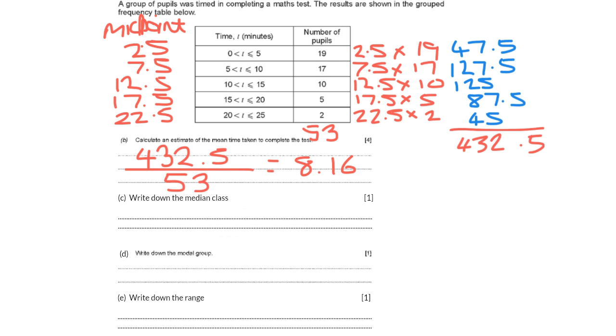Now it wants the median class. So that means which group would the median be in? Now to find the median, first of all, we have to do 53 divided by 2, which is 26.5. So now I'm going to do a running total until I get to the group that's got the 26.5th pupil in it.